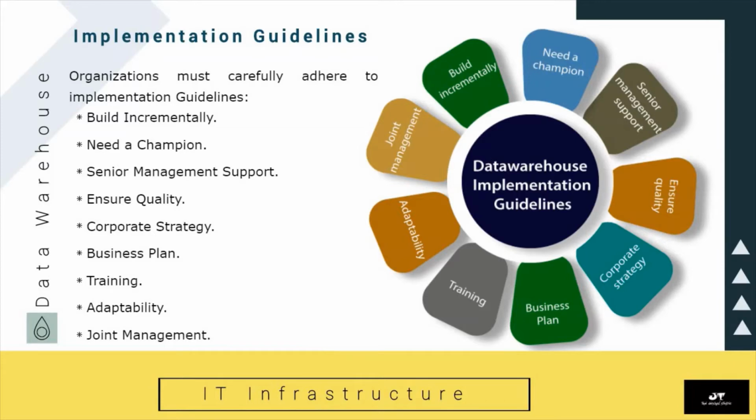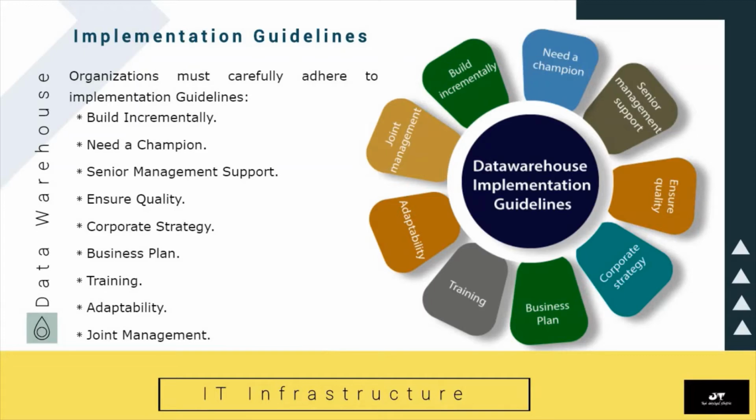Fourth, ensure quality. Only records that have been cleaned, and are of a quality that is implicit by the organization, should be loaded in the data warehouse. Fifth, corporate strategy. A data warehouse project must be suitable for corporate strategies and business goals. The purpose of the project must be defined before the beginning of the project.